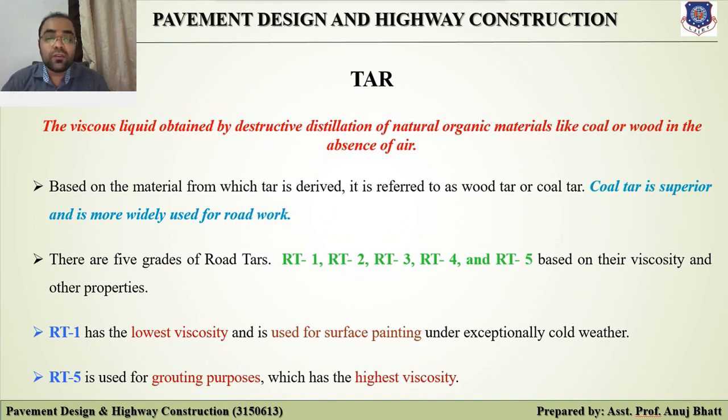The setting time of asphalt is less compared to tar. If we talk about its hardening property, then asphalt hardens very slowly, and tar hardens quickly. Asphalt is costly, whereas tar is very cheap. Tar is insoluble, while asphalt, as we have seen, is soluble in carbon disulfide and carbon tetrachloride.